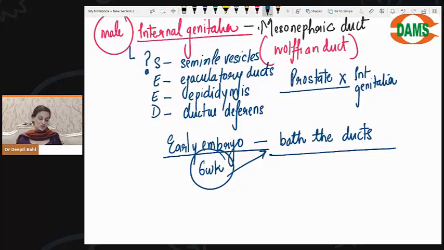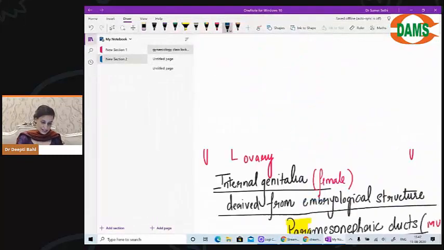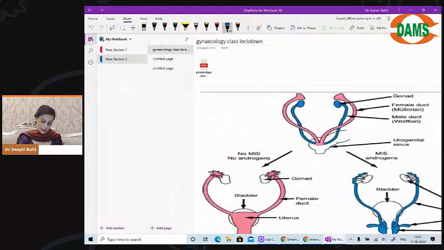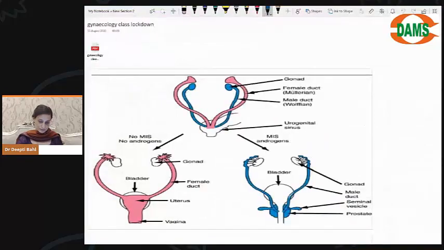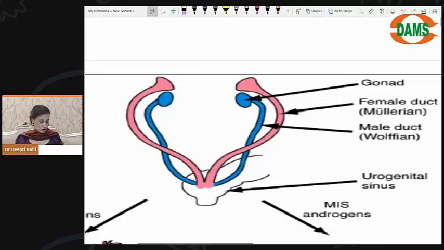By 6 weeks, you can see a mesonephric duct and also a paramesonephric duct. Now, let us see the same thing in a picture. So we are going to look at this and try to understand how this conversion is going to happen.